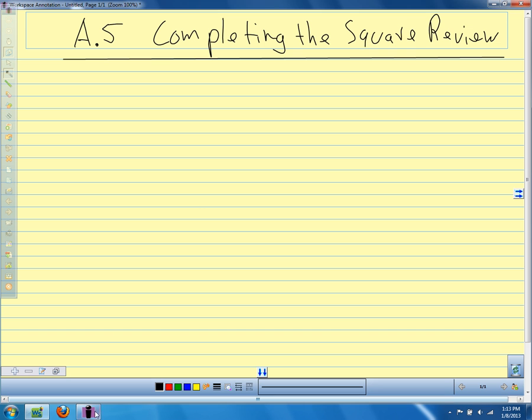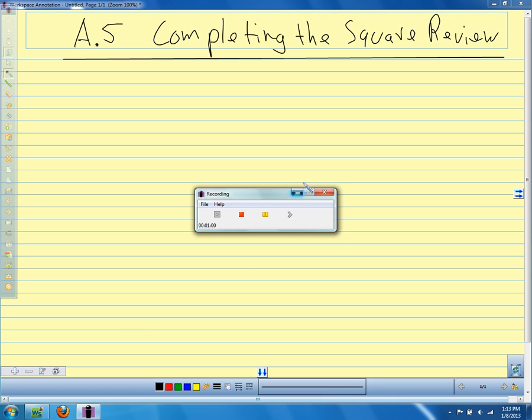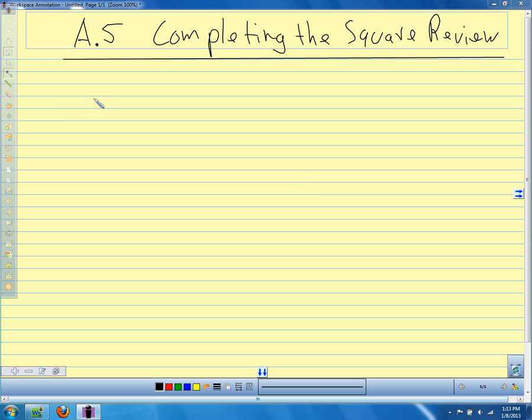All right, so just a quick review, a little bit of a reminder to get us back into doing this. A quadratic equation, what we call in this book the general form.